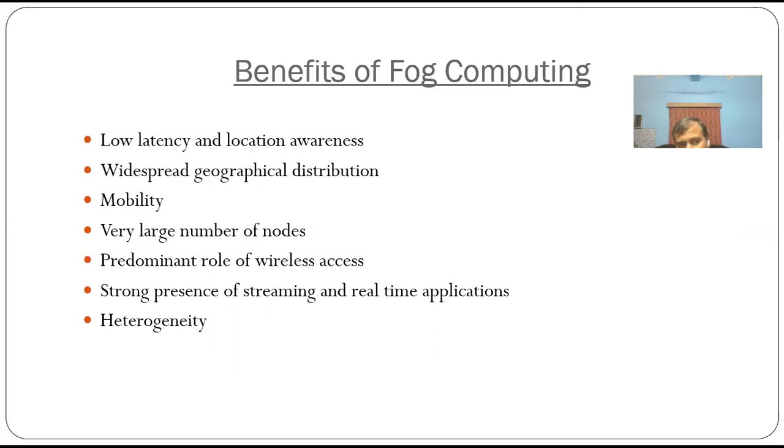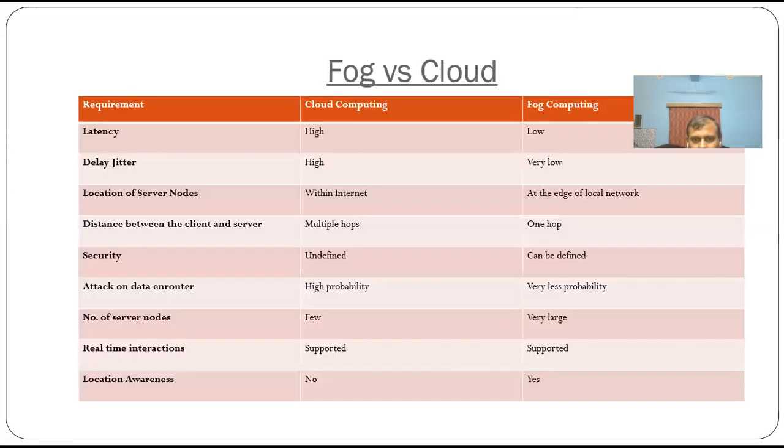There is a very large number of nodes, so compared to cloud computing, fog computing employs a very large number of nodes. It is highly based on the predominant usage of wireless access systems, various real-time applications can be done by it, and it supports heterogeneity, which is a common feature of every type of distributed computing architecture. So these are the specific benefits of fog computing.